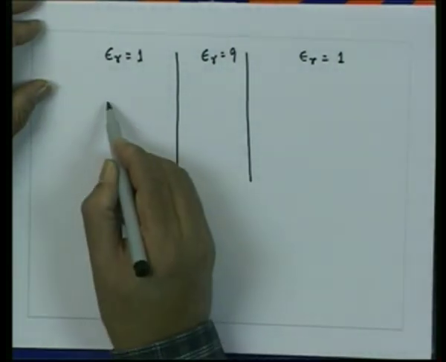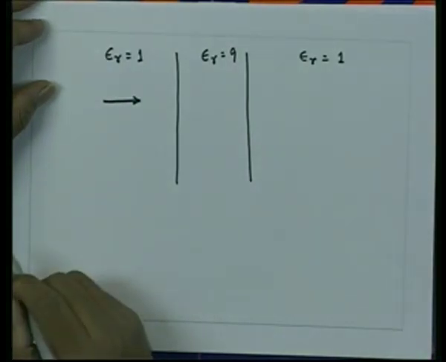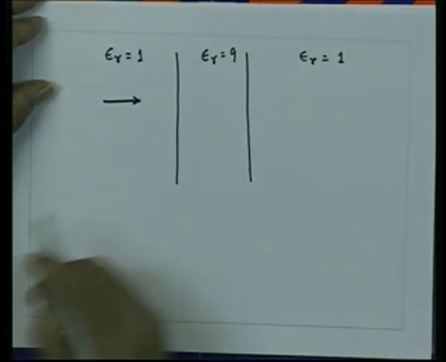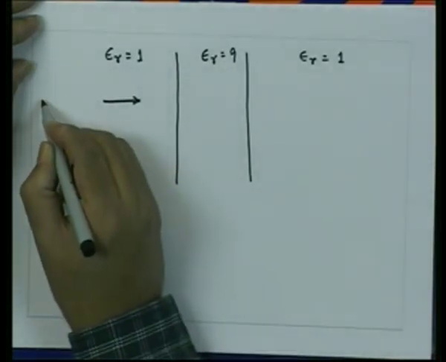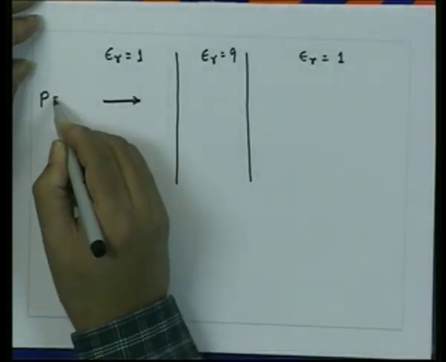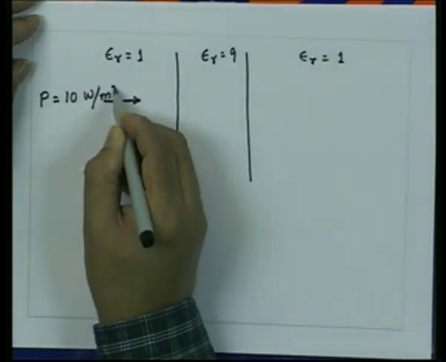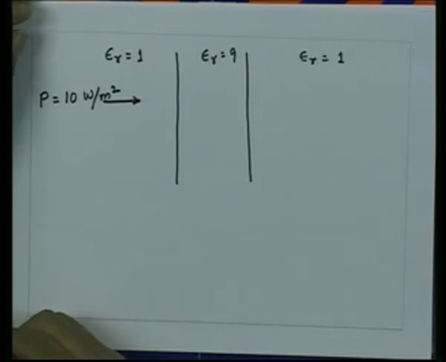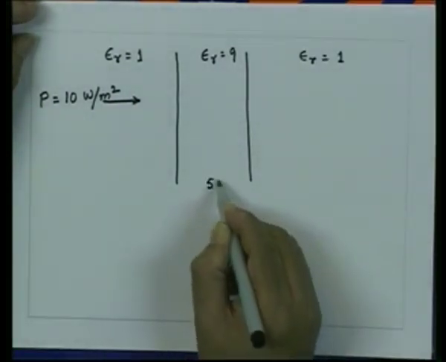Now, the wave is normally incident on the dielectric slab from this side, with a power density P equal to 10 watts per meter square, and the slab has a thickness of 5 centimeter.